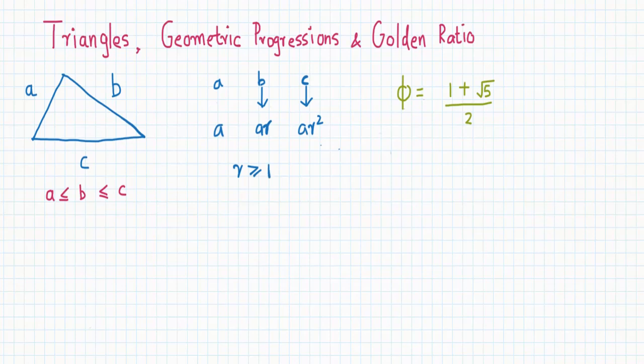For any three line segments to form a triangle, they must satisfy the triangular inequality. That is, the sum of lengths of any two sides must be greater than the length of the third side. More specifically, we have three inequalities that must be satisfied for A, B and C to form a triangle.